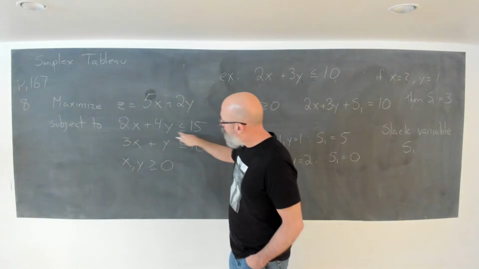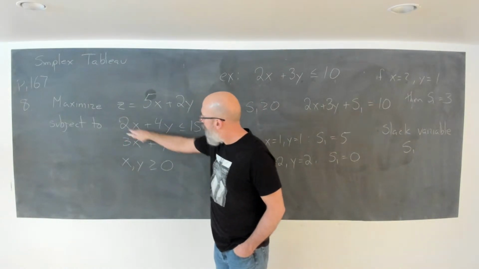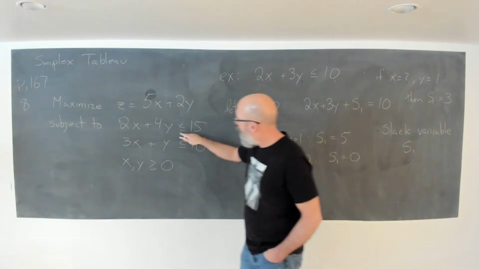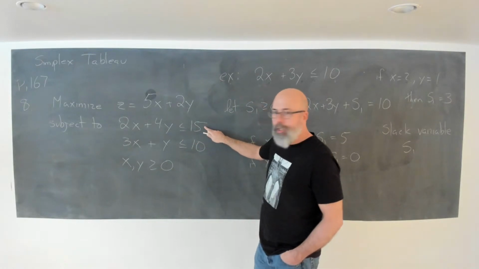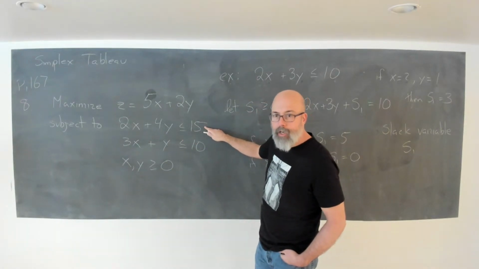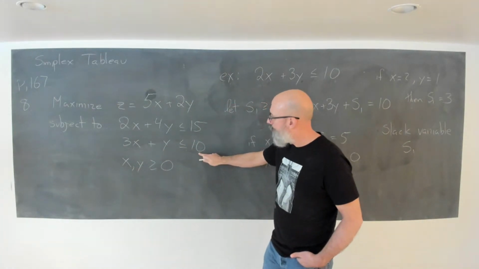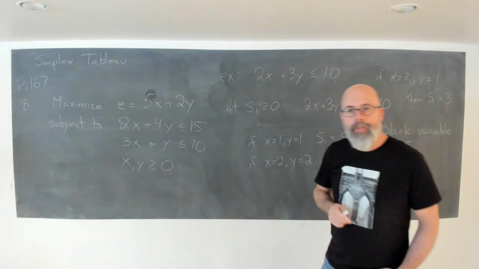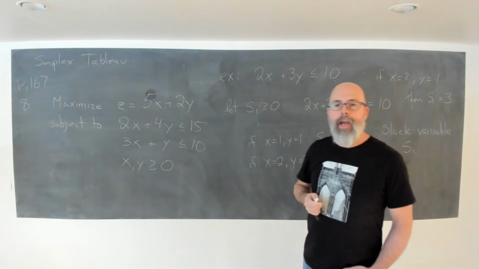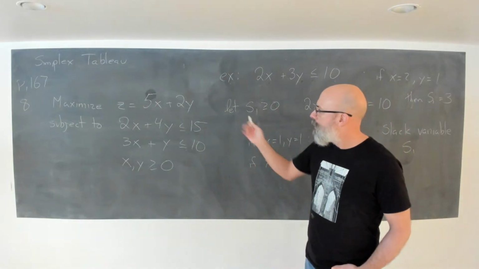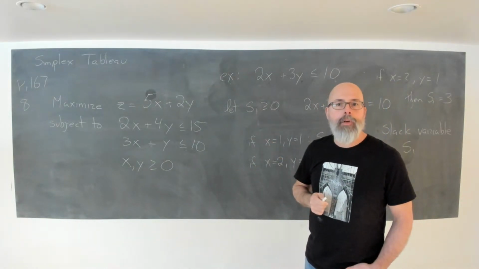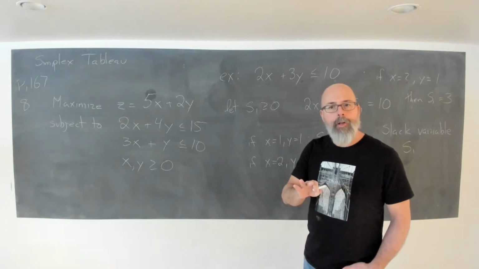And all other constraints have the form of a combination of x and y less than or equal to something bigger than or equal to 0. Exactly what we have here. This is in standard maximum form. Everybody comfortable with that?